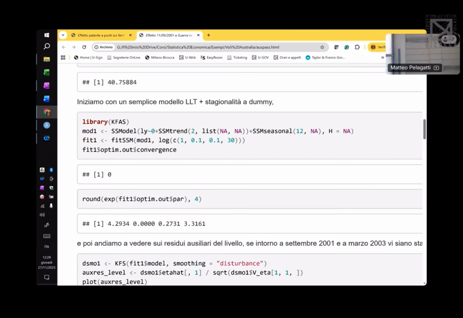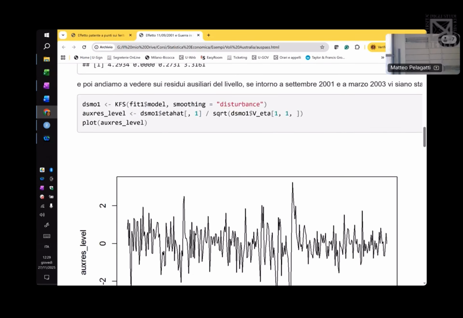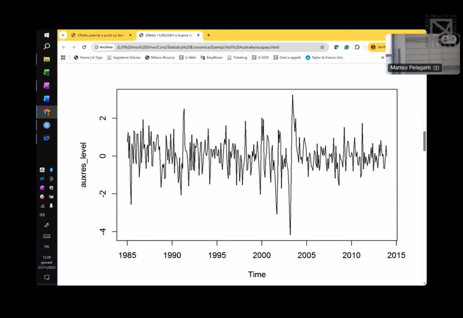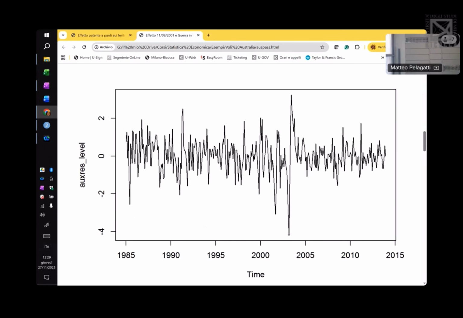And again here, these are the auxiliary residuals of the level. We see some kind of strong effect here. This is, I would say, 2001, and this is 2003. So we see this kind of change, but you also see a reaction. I mean, you see a downward jump, but an upward jump in some way.